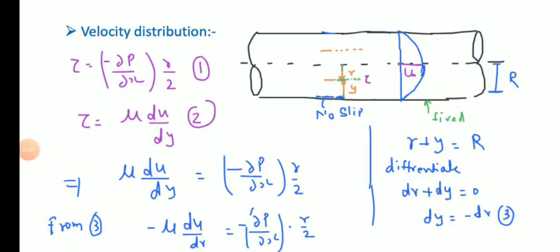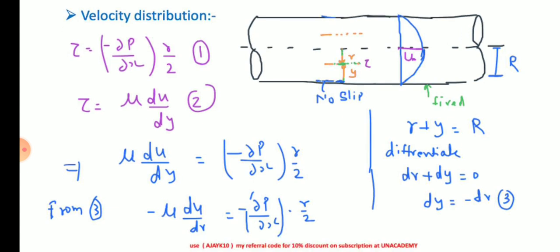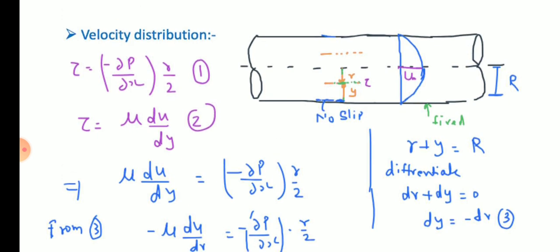Now if you want to get the velocity distribution, suppose at radius small r, or at distance y from the wall, we take stress tau is equal to minus del P by del x r by 2, right? As well as for the fluid it will be tau is equal to mu du by dy, right? On equating both equation 1 and 2 we will get the relation.